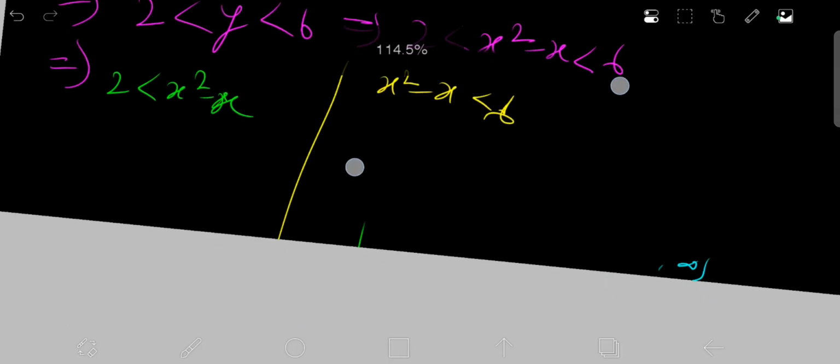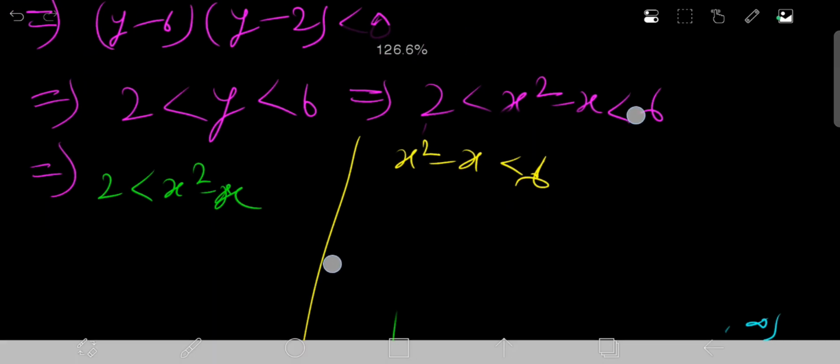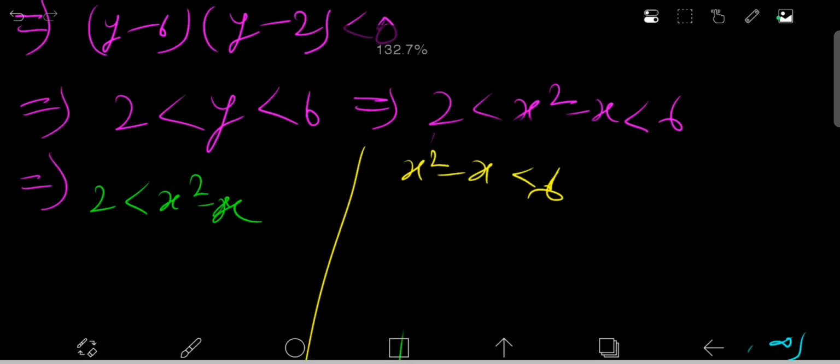The first one becomes x square minus x minus 2 greater than 0.